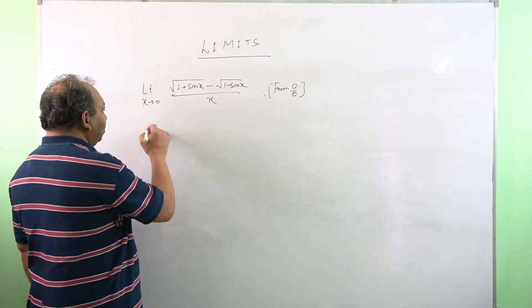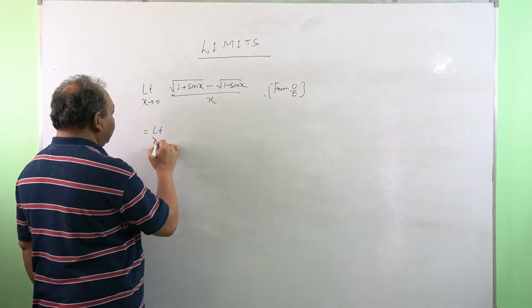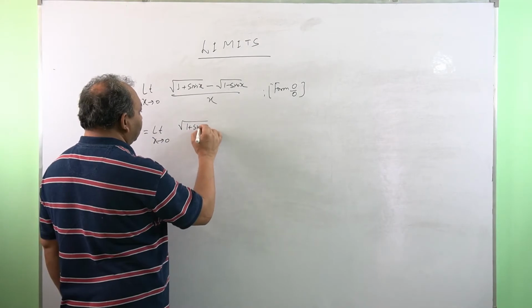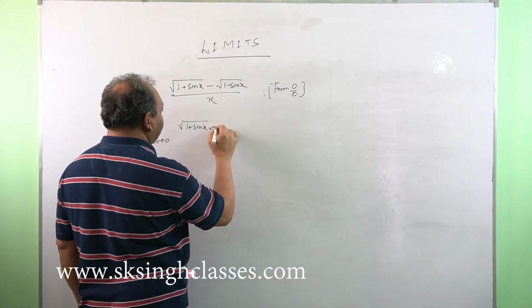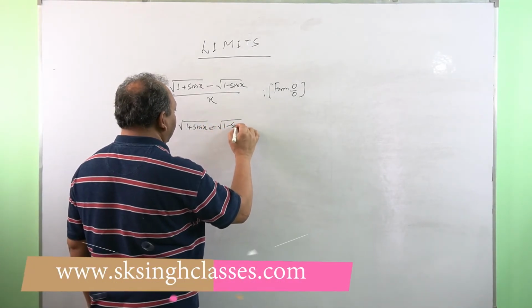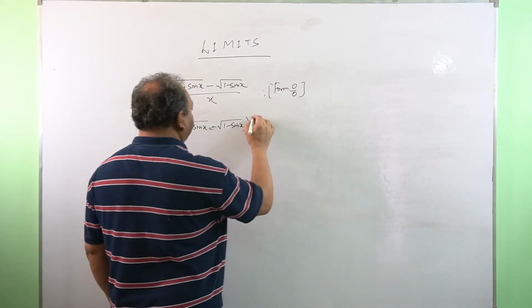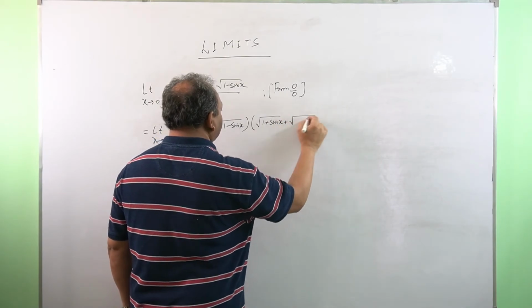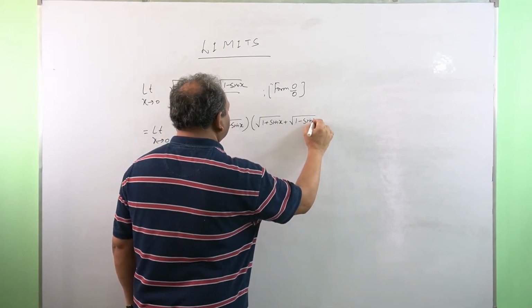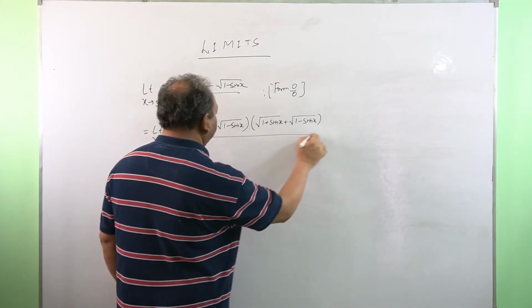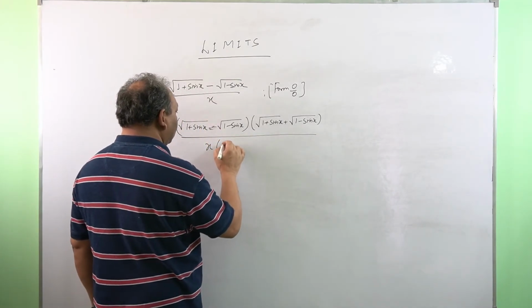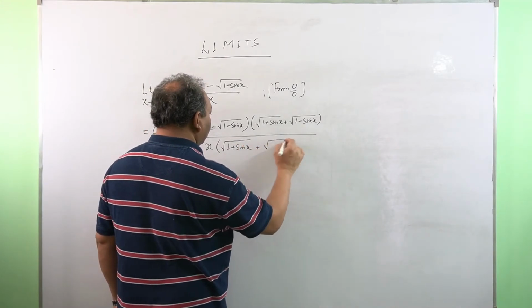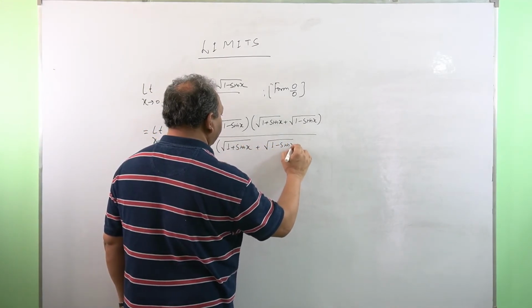So rationalize the numerator and then solve it. Multiply by (√(1 + sin x) + √(1 − sin x)), divided by x into (√(1 + sin x) + √(1 − sin x)).